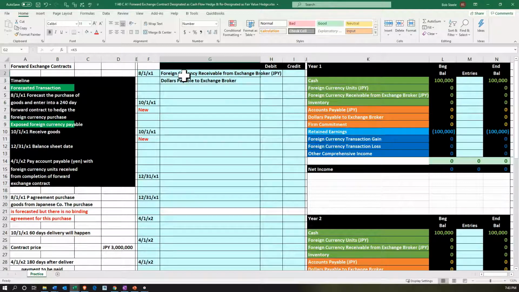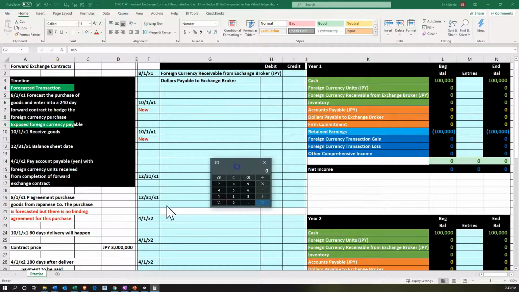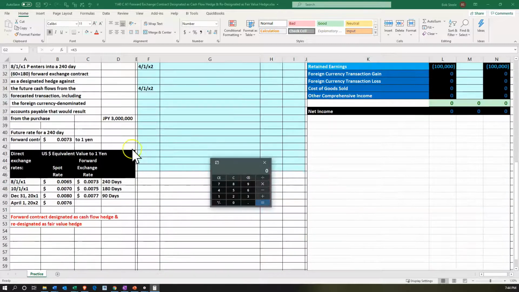So we can then pull out the trusty calculator to calculate this. It's in the wrong screen, it's up top, so we're going to bring that on down. We have the 3 million yen, multiplying that times the forward exchange rate. We're looking forward to the future, to the point in time that this whole thing will end, which is at the end of 240 days.